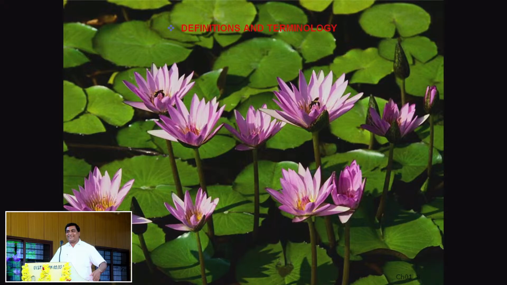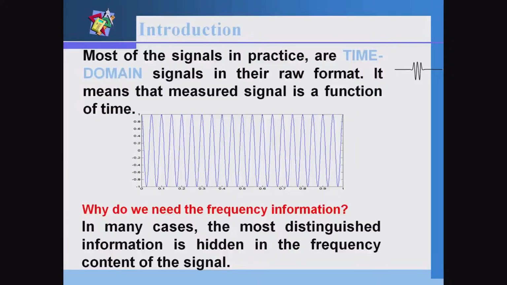If flowers are there, honey bees will be there. If honey is there, lovely students must be there. Our objective is to see, by using the mathematical tool, sometimes the forest, sometimes trees, sometimes flowers, sometimes petals, sometimes honey bees, sometimes honey. Signals. So why do you require frequency information?